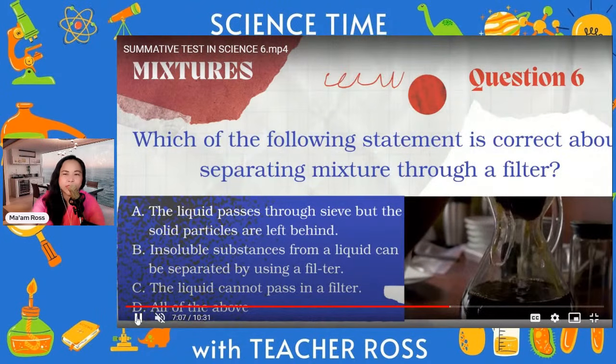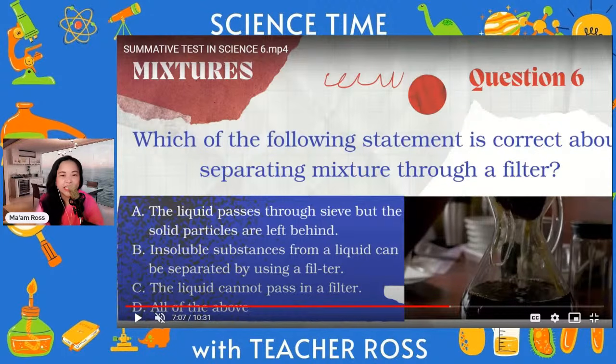Which of the following statement is correct about separating mixture through a filter? There is a filter. A, the liquid passes through sieve, but the solid particles are left behind. Letter B, insoluble substances from a liquid can be separated by using a filter.